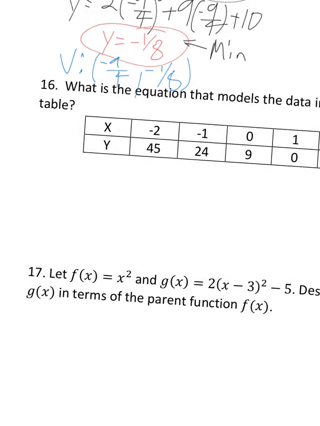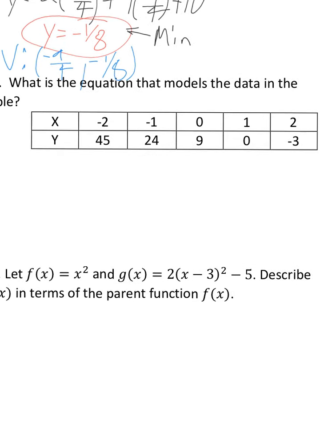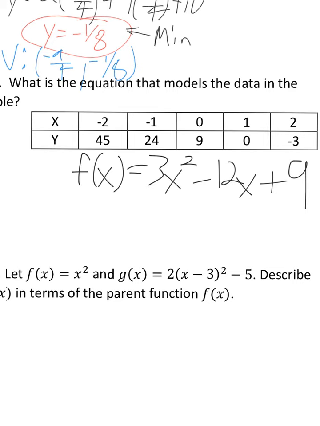All right, number 16, you're going to need to remember those calculator steps. You're going to have to plug this into a spreadsheet, and then you have to open up a new page, and that's Control Doc 1, and then you have to do that menu 616. Plugging all that in gets you a function of 3x squared minus 12x plus 9.